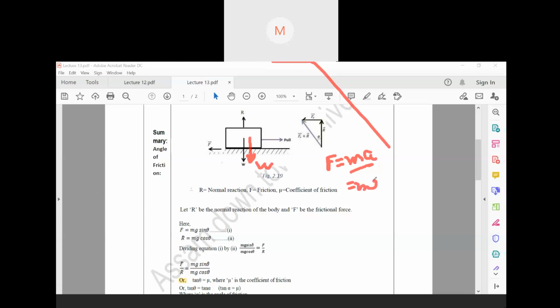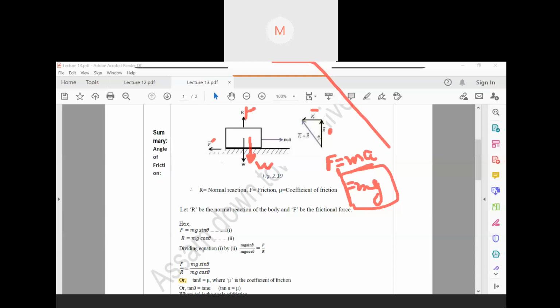Because of this mg only, these two are relevant, this reaction and this friction. If there were no mg, if gravity was not acting, then this one and this one won't exist. That is why F plus R equal to mg. Got it now?